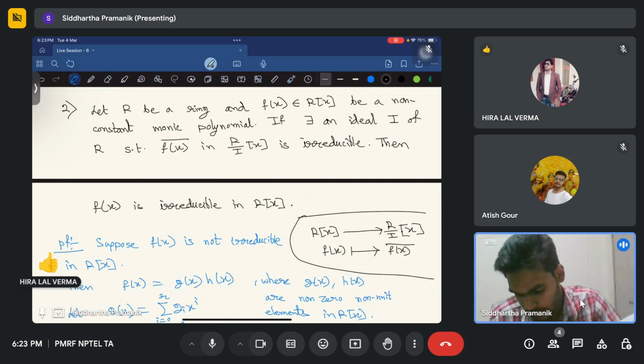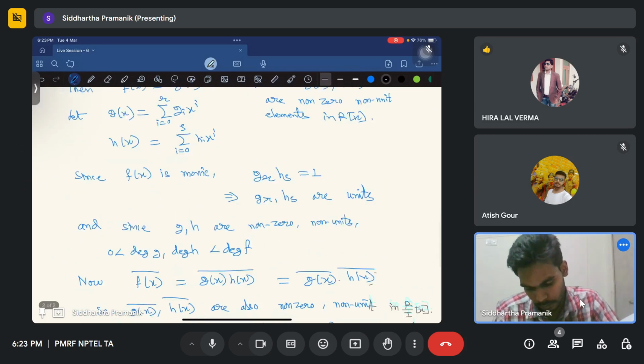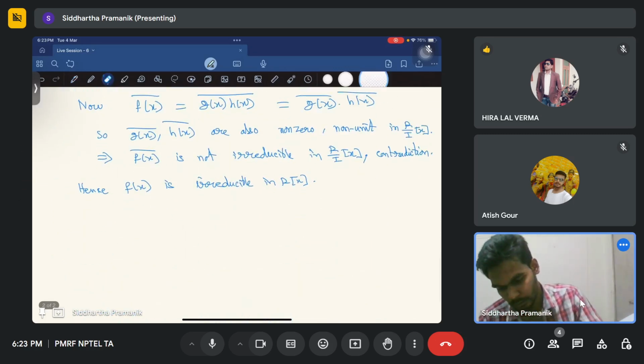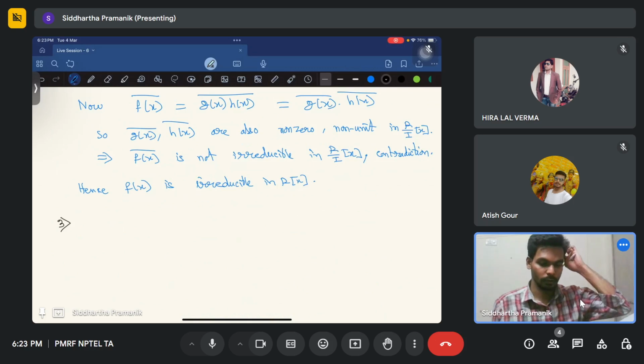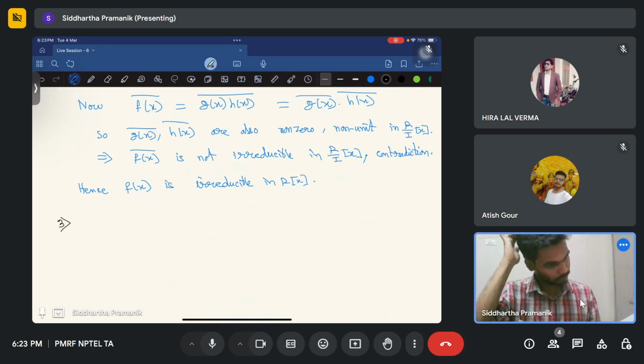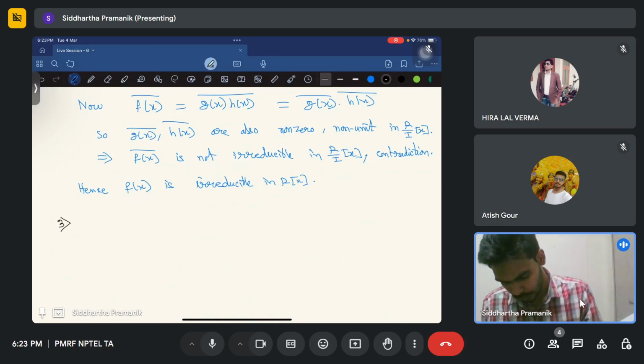Let's see some example. Let f(x,y) equal x squared plus xy plus 1 belonging to Z[x,y].